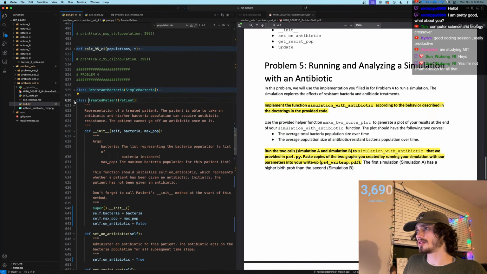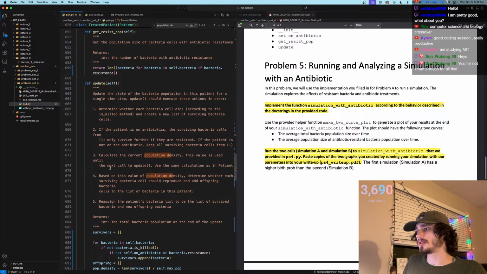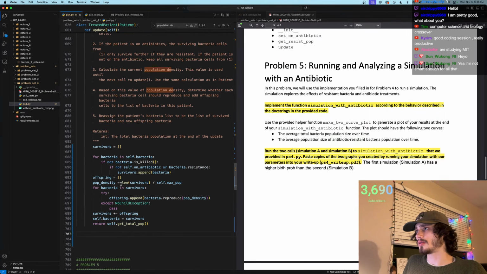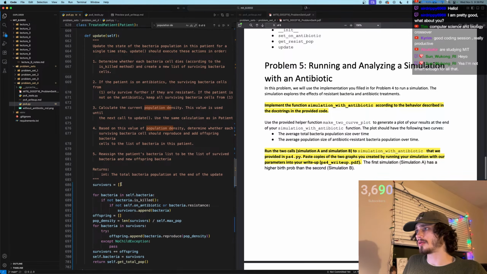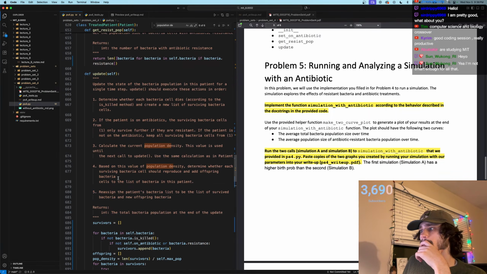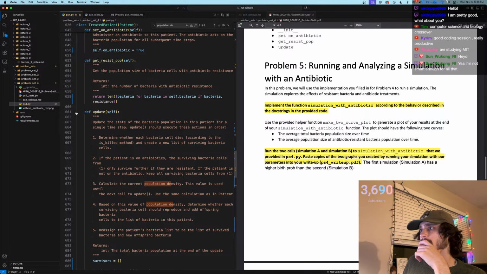So treated patient, update returns... did it return a tuple?